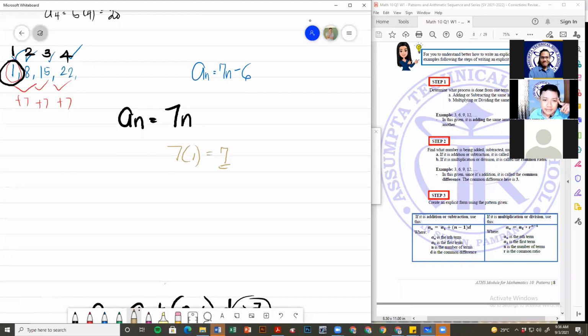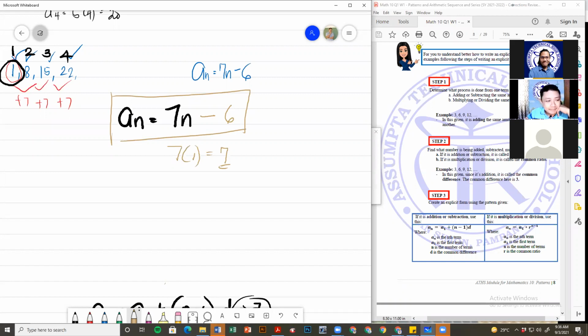What should I do with 7 to make it 1? Good, type in the chat box. Very good. Bawasan niyo ng 6. Minus 6. So, 7n minus 6. That's the formula. Tapos. Walang formula. Gets po yun?